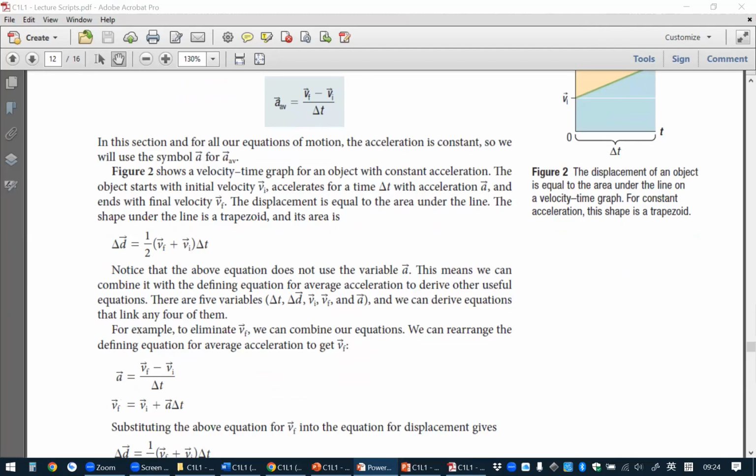Acceleration a equals the difference between the final velocity and the initial velocity over delta t. This is our average acceleration, right?